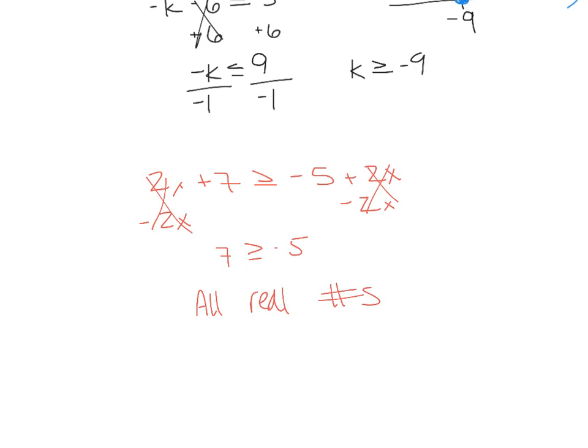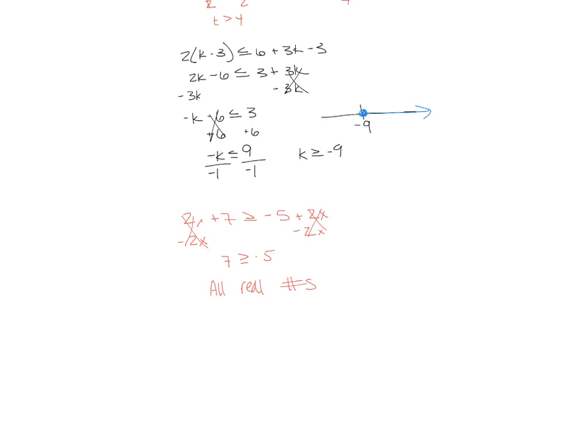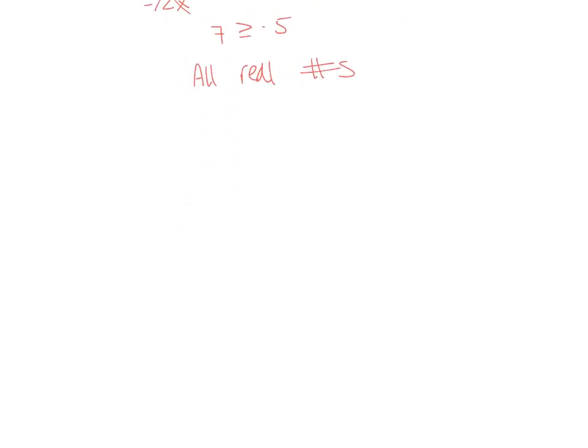Next problem. We have 4 plus g is greater than or equal to 7, or 4 plus g is less than 2. Remember, this is not, I get to pick what problem I do. Wouldn't that be nice?